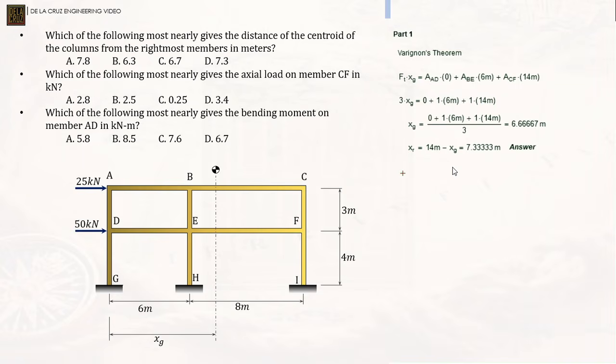Okay, para mas makita natin, tawagin nyo itong part 2. Alright. Part 2. So, we'll be using the formula of the bending stress. FB is equals to My over inertia. Yan. Yan yung gagamitin natin.